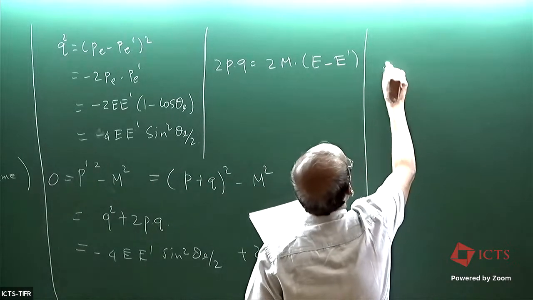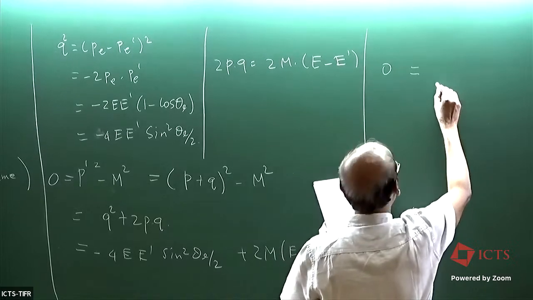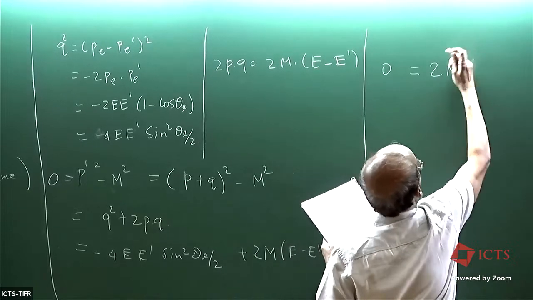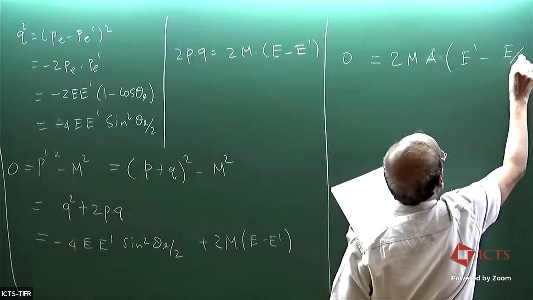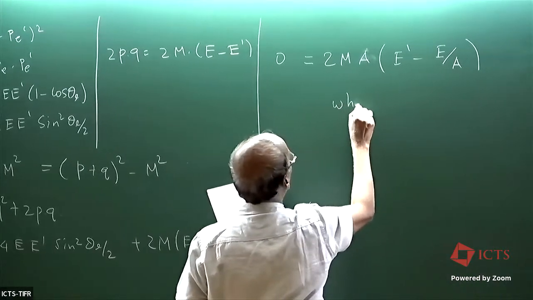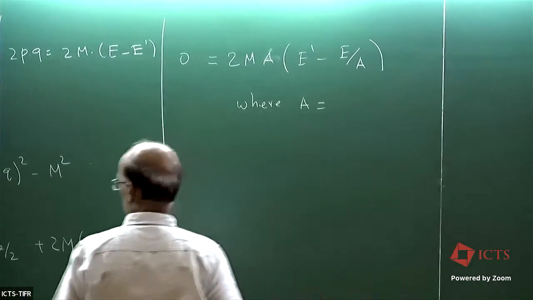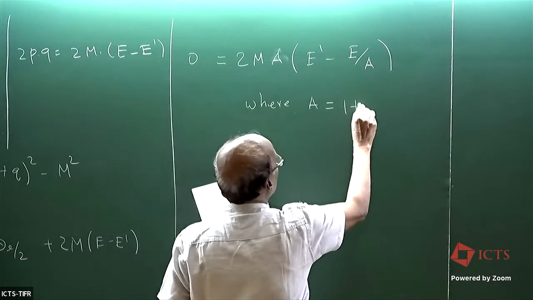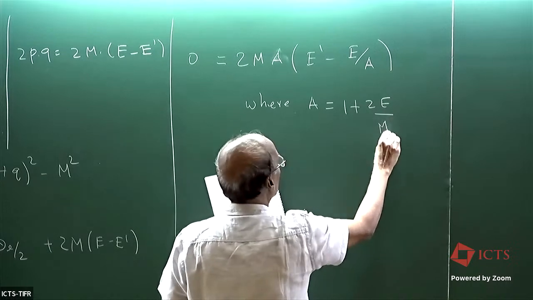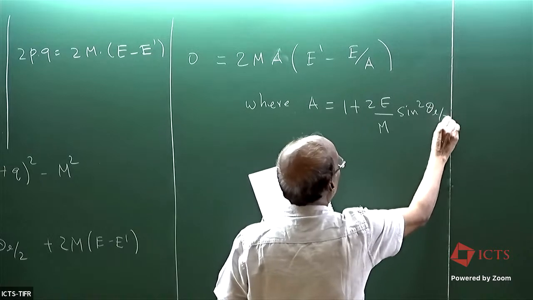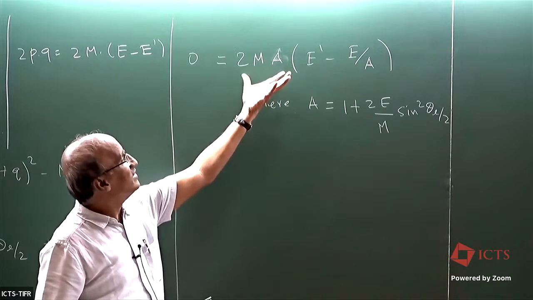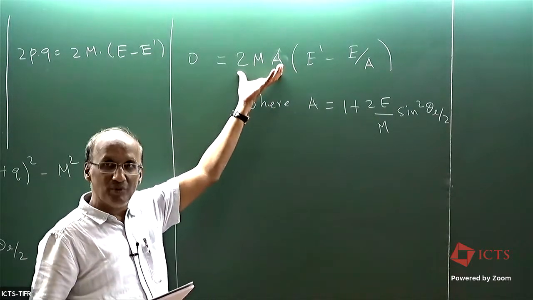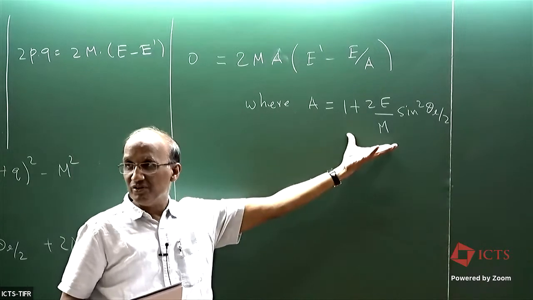So this gives you 0 equal to 2m(E − aE'), where a is equal to 1 + (2E/m) sin^2(θ_L/2). I've pulled out E and E' from these two terms in such a way that you can factor out the overall factor 2ma, where a is equal to this, and the remaining term.